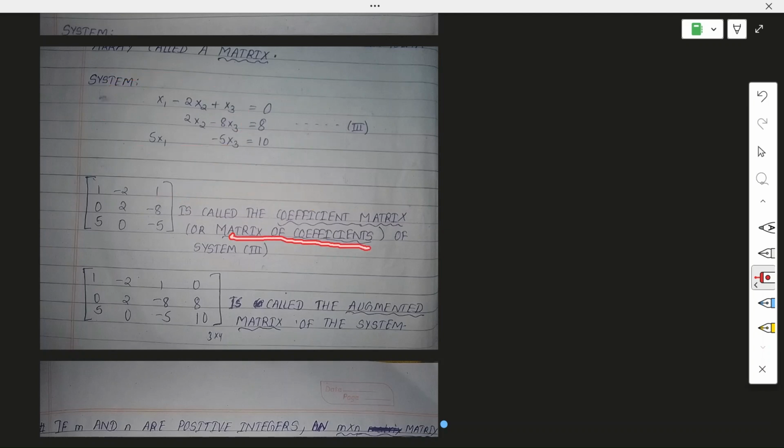What are they? They are only these. We haven't included the right-hand side. Only this information is called the coefficient matrix, or matrix of coefficients. And if we include the right side, 1, minus 2, 1, 0, 0, 2, minus 8, 8, 5, 0, minus 5, 10, then it is called an augmented matrix.